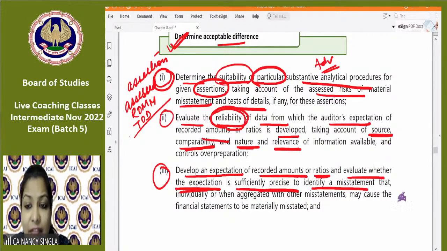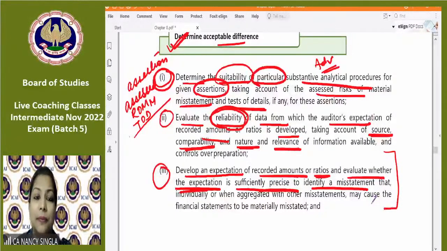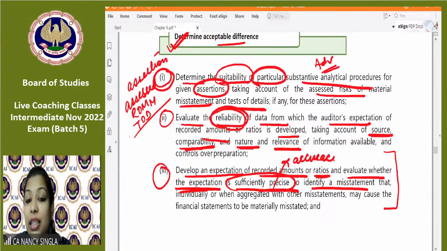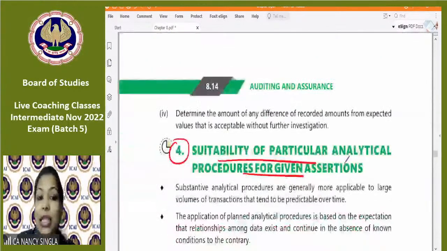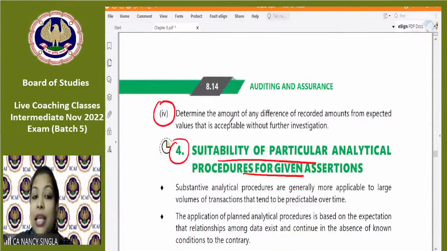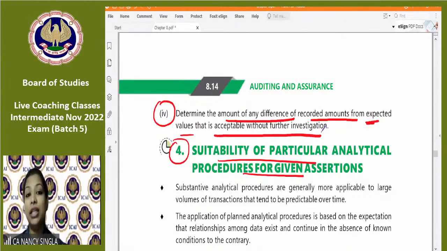So whether he can develop an expectation using that, right? Whether an expectation can be developed which is sufficiently precise. Precise is what? Accuracy. So basically the auditor will examine whether the expectation can be developed with accuracy or not. And last but not the least, the auditor will determine the amount of any difference of recorded amounts from expected values that is acceptable without further investigation.